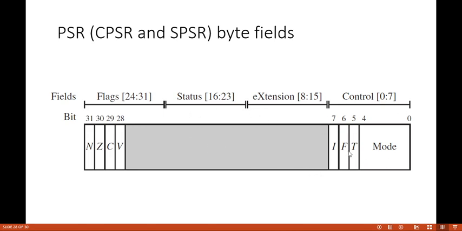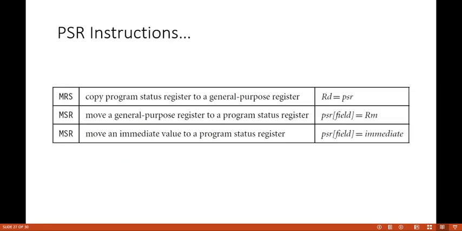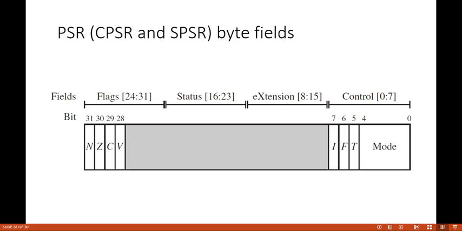In the control field you have total 8 bits available: I, F, T. Bit number 7 is I, 6 is F, 5 is T. I means IRQ disable, F means FIQ disable, T means thumb mode, ARM and thumb mode switching, and bits 0 to 4 are used to indicate the current processor mode.